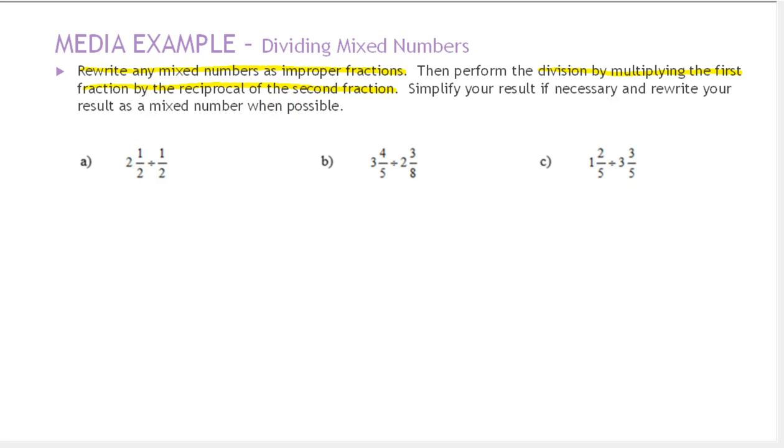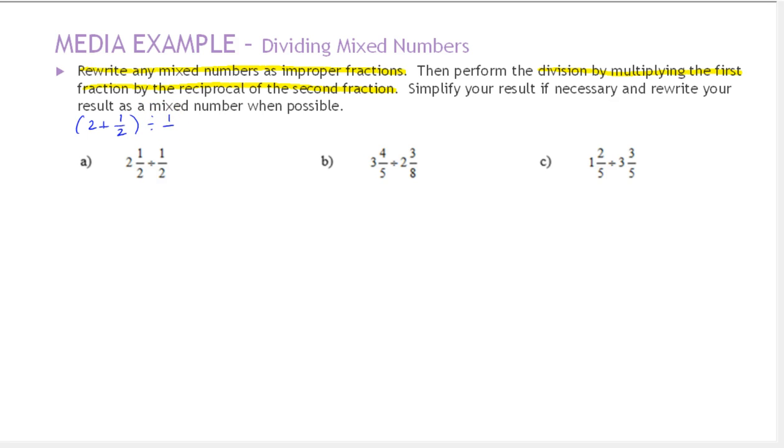Okay, so first, we're given a description of how to do this. We're told that we should rewrite mixed numbers as improper fractions, and mostly this is a good way to go, and here's why. Looking at this first problem, remember when you say 2 and 1/2, that's how you read this number. That means 2 plus 1/2.